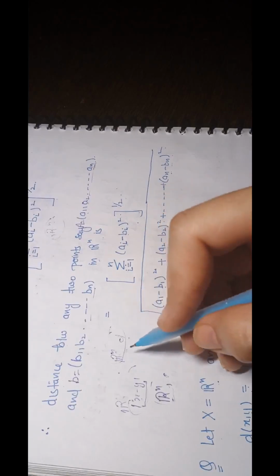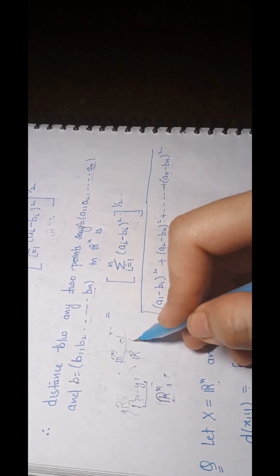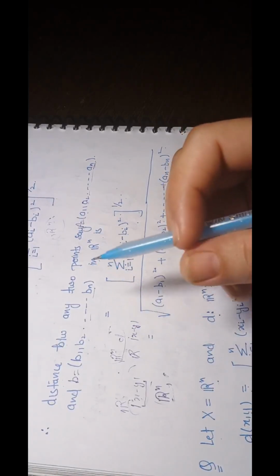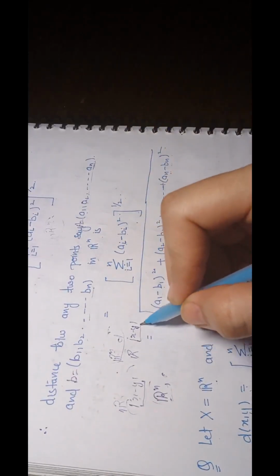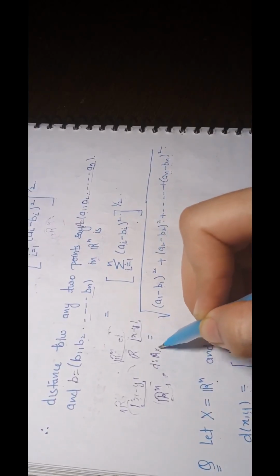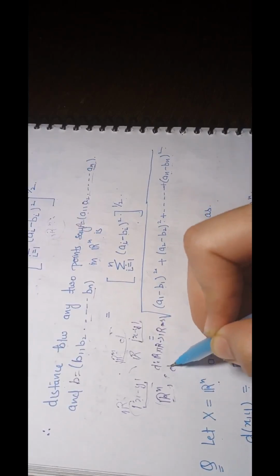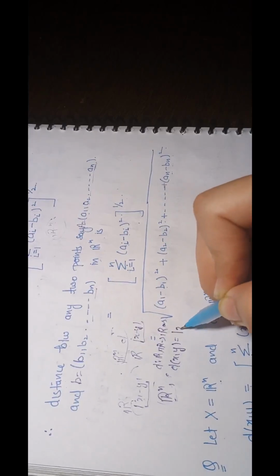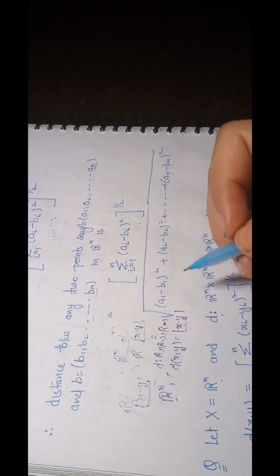Now, do you remember that on the set R we used to find the distance between any two points x and y as the modulus of x minus y, and while defining a metric on R, the first metric we defined was the distance metric itself? We defined the metric d from R cross R to R as d of x and y is the absolute value of x minus y. That was the distance between the points x and y.